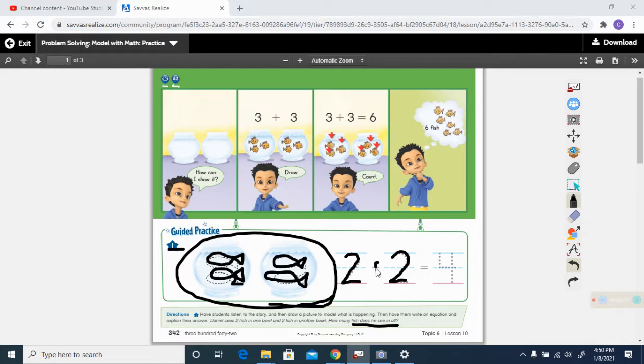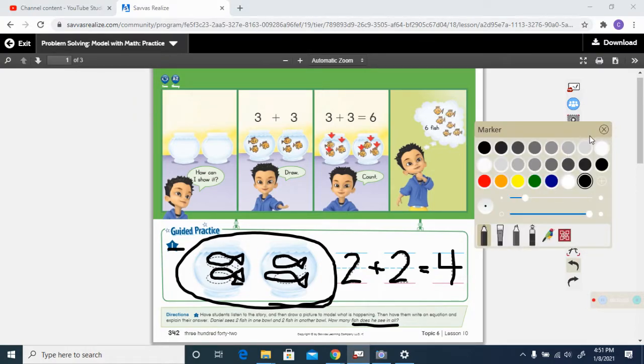So we're going to add, which the plus sign is already there. We have our equal sign. 2 plus 2 equals how many in all? It equals 4 in all. Okay, make sure you have that written because I'm going to erase it.